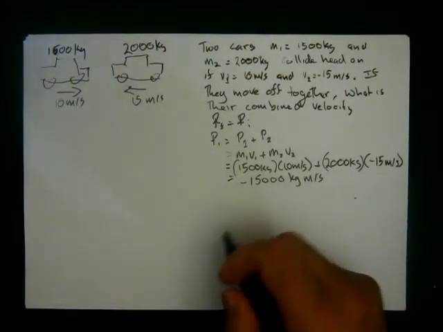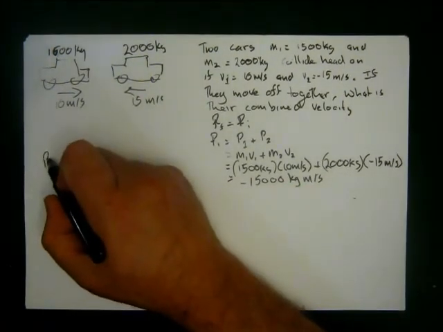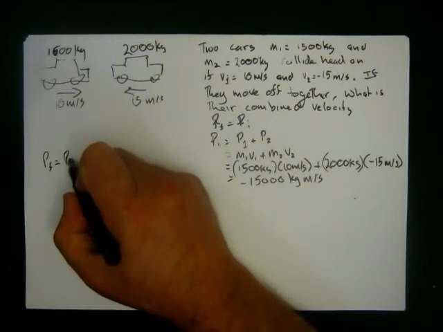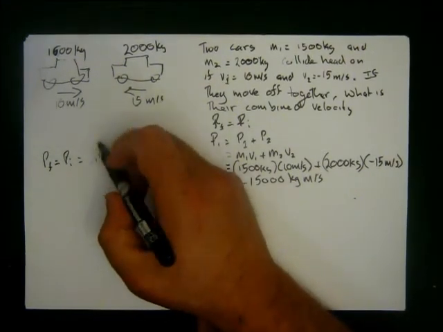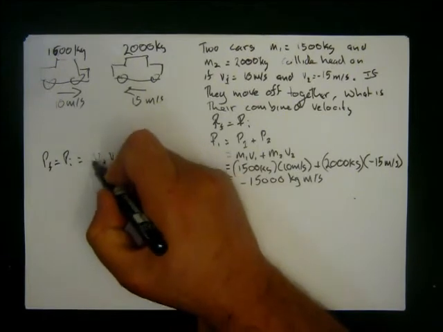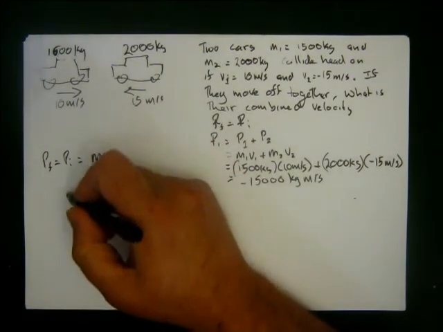Okay, so what's the final momentum going to be? P final equals P initial, which is equal to mass final times velocity final. Let's rearrange that.